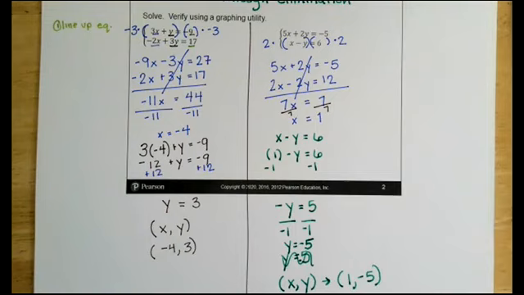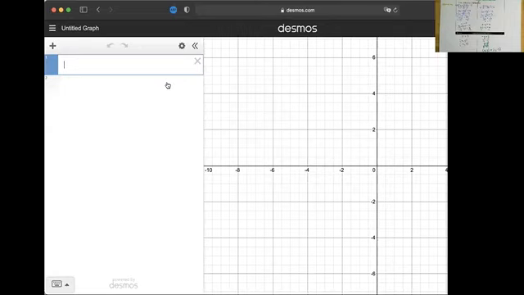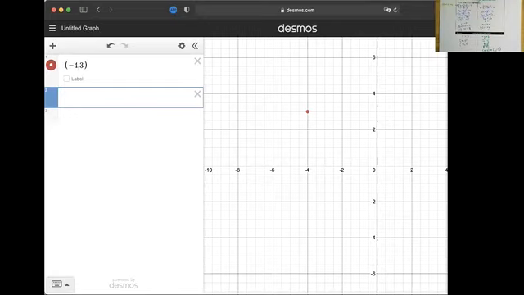Hold on, let me open Desmos. All right, so we want to mark out the point -4, 3. And then we have the equation.